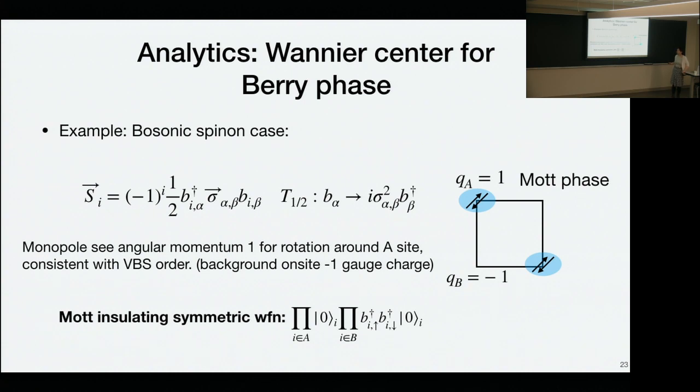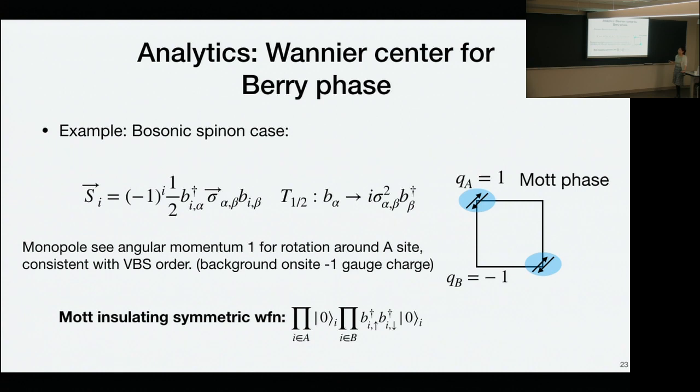And a more elementary example of how the rotation center, or the atomic limit of the spinons, determines the monopole quantum number is the slave boson formulation of the square lattice antiferromagnet.